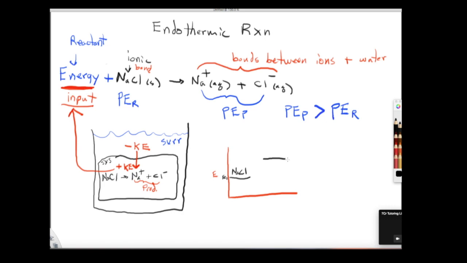And unlike the last example, we're going to finish with a platform higher up. This is where the two ions are going to be bonded to water. All right, and if I run the platform over to the line, this is going to be E2.